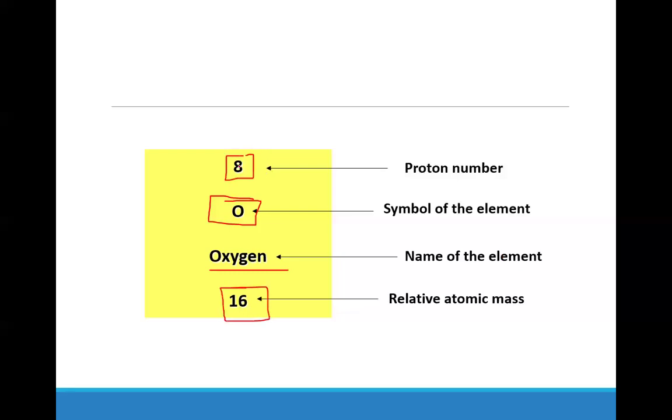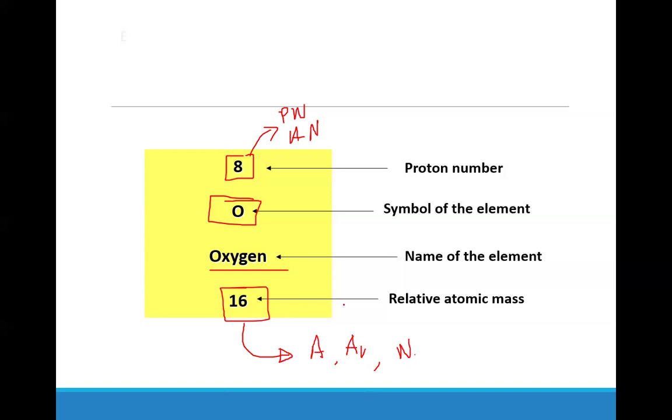The smaller of the two numbers is the proton number, also known as the atomic number. This tells you the number of protons, or the number of electrons if the element is not charged. The larger of the two numbers is the atomic mass. Atomic mass is also called the molar mass or the relative atomic mass. It's also known as the nucleon number.